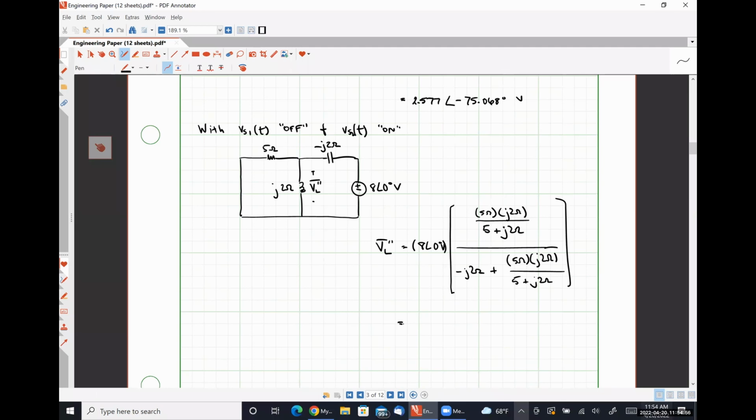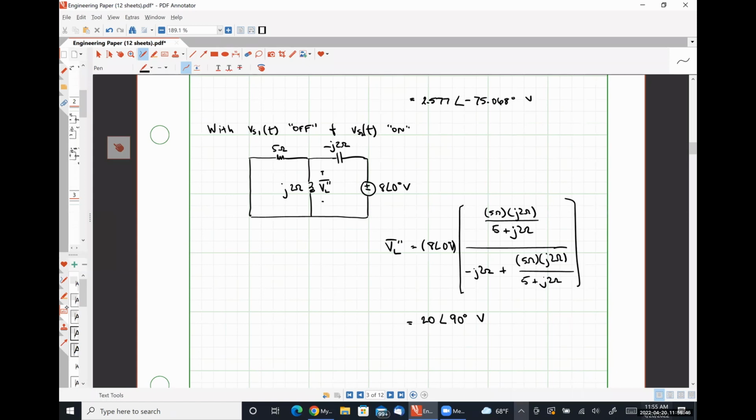And so let me throw this into the calculator. I get 20 angle 90 degrees volts. Let me double check that real quick.